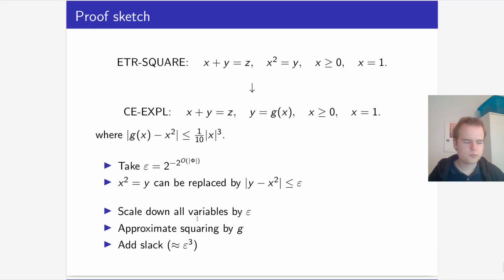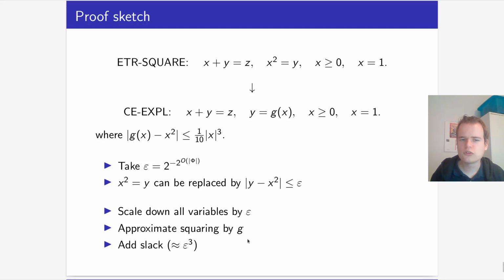So why is this new instance equivalent to the original instance? If you have a solution to the original ETR square formula, then the error which occurs because we replace squaring by applying g is smaller than the slack we add. So any solution to the original problem will still be a solution to this new problem with slack.